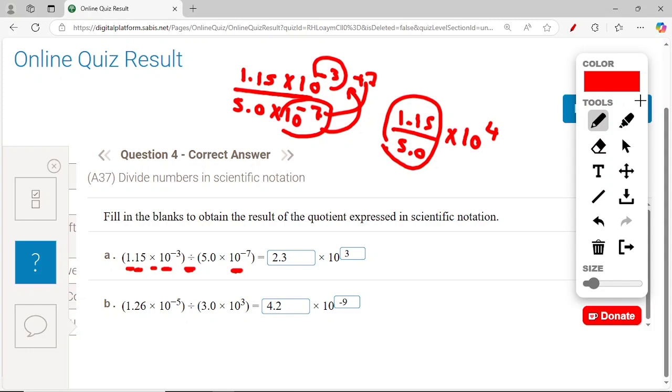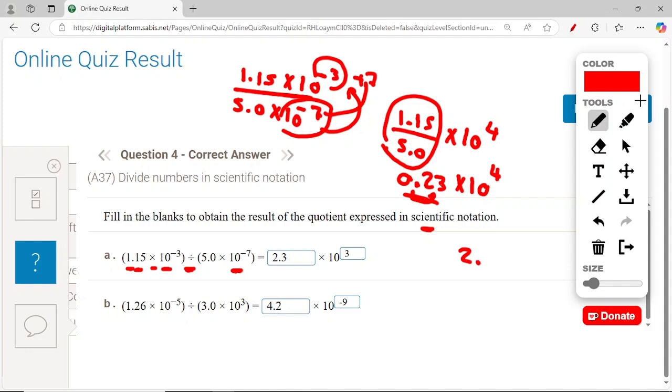So let's divide this one. 1.15 divided by 5 will be 0.23 multiplied by 10 to the power of 4. This one we need to make in scientific notation, so we'll move this decimal point one digit to the right.